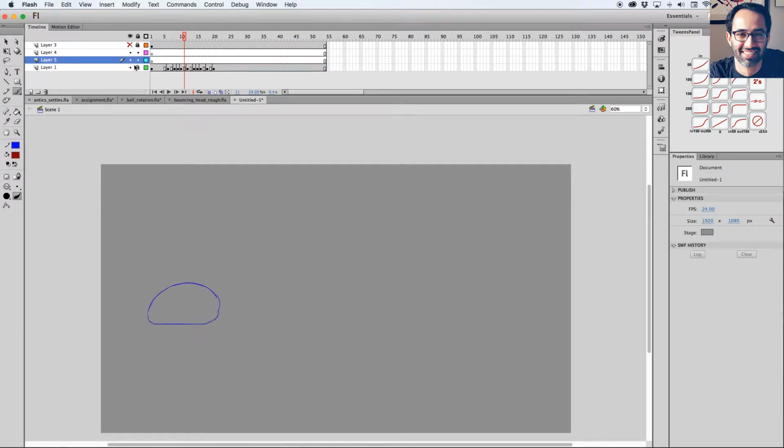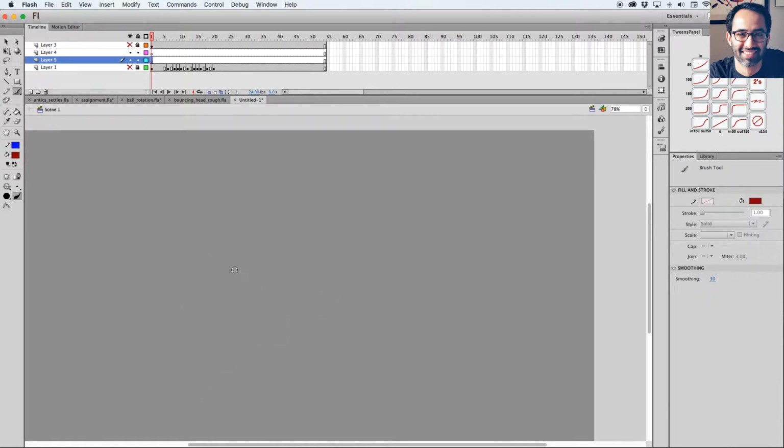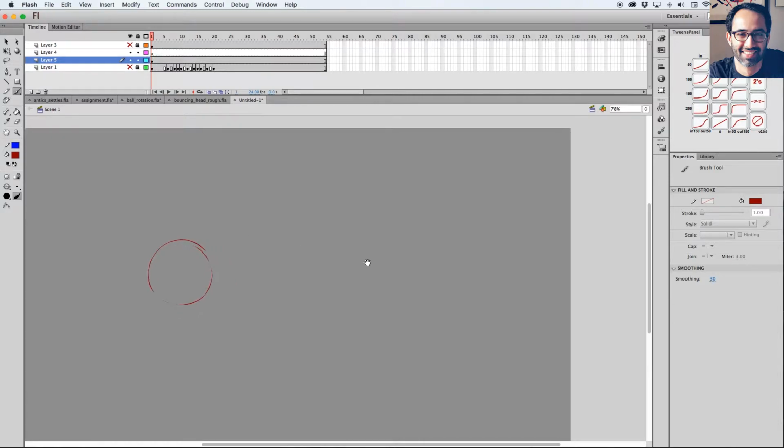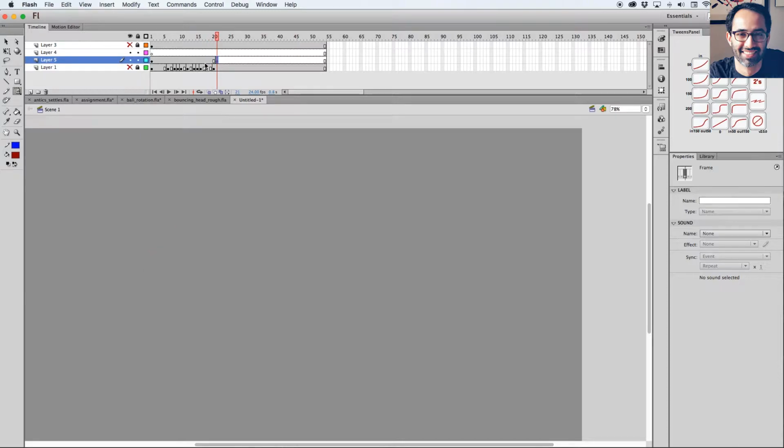Let's do the overshoot here actually. So okay, let's say the character is coming from here, and he wants to stop here. You'll do a square.